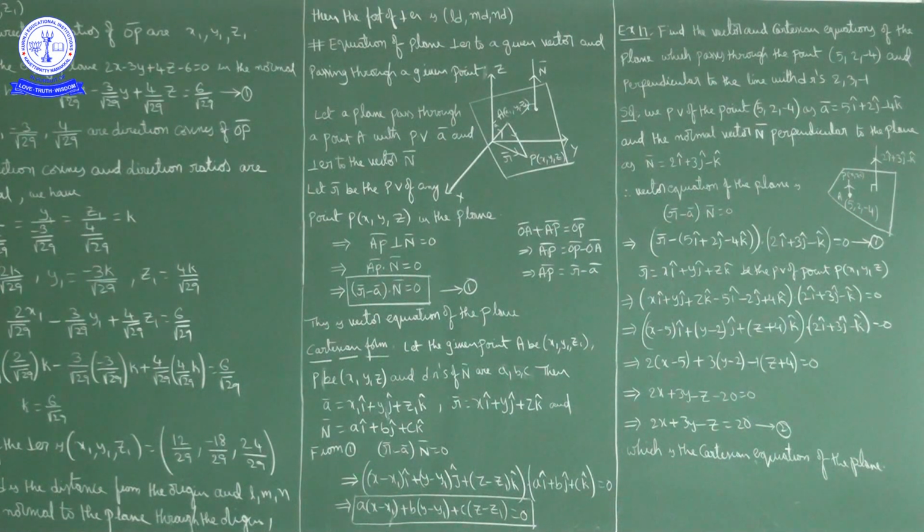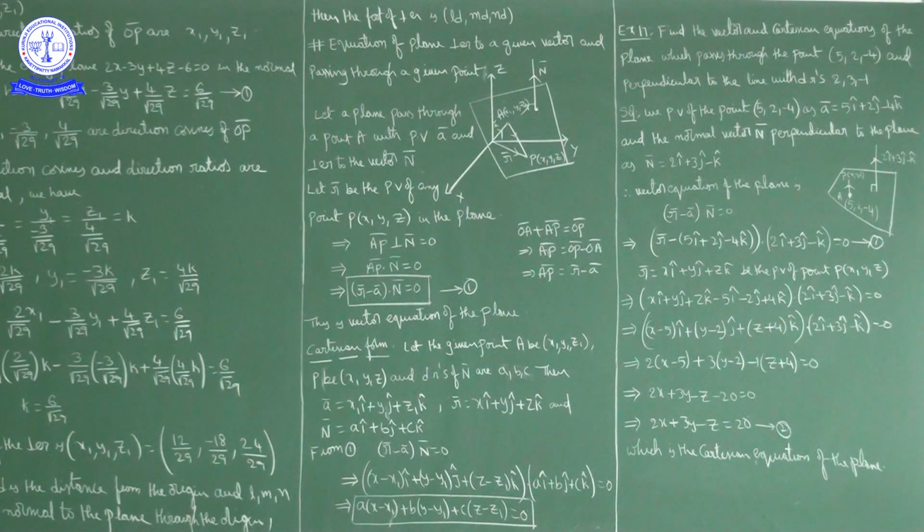Let the arbitrary point be P(x, y, z). So the corresponding position vector is R bar equal to x i cap plus y j cap plus z k cap. Substituting here, we get (x i cap plus y j cap plus z k cap minus 5 i cap minus 2 j cap plus 4 k cap) dot product with (2 i cap plus 3 j cap minus k cap) is equal to 0.